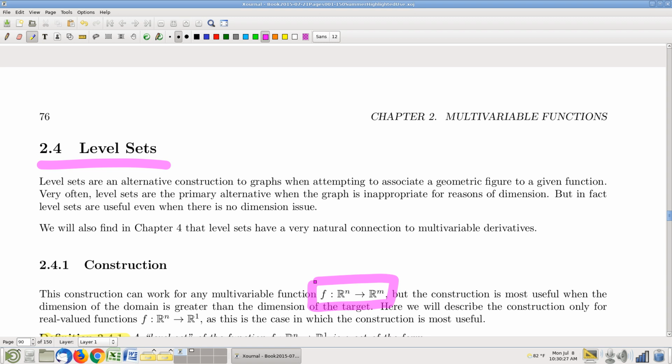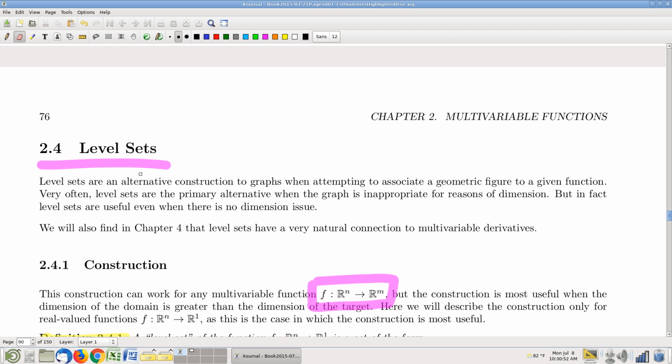Now is the time that you want to start building a little mental wall in your mind between graphs, where there's a whole story about what multivariable calculus looks like in the context of graphs, and a big wall here, and now, oh yeah, when I'm looking at level sets, I've got a totally different story. We're going to develop those stories over time, but you need to build that wall now so that you won't conflate them.